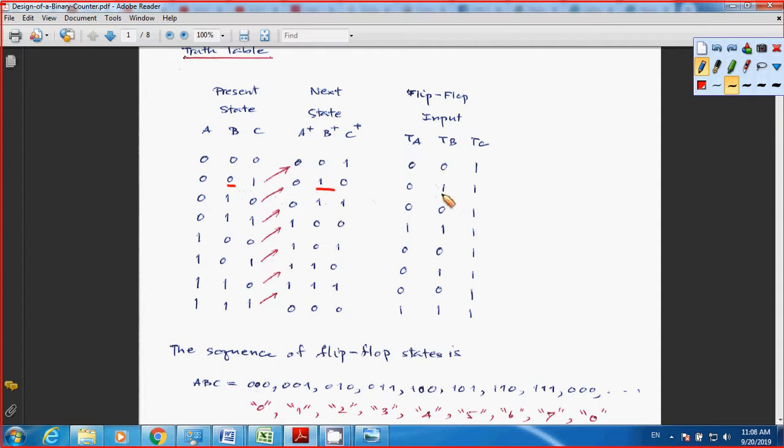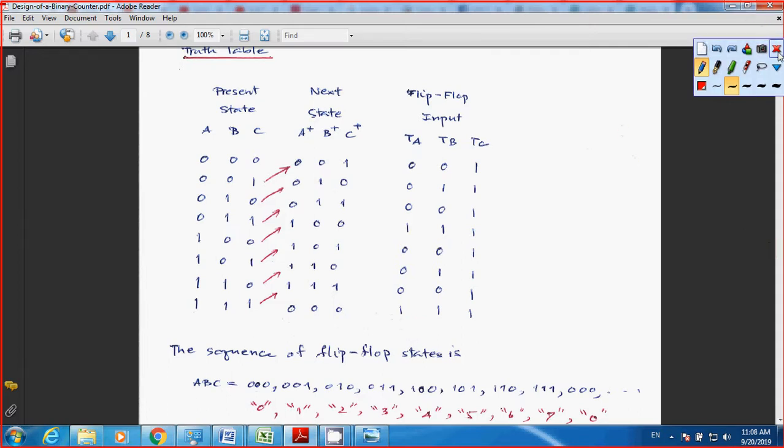So your TB has to be 1. Okay? So you probably get an idea of how to create the truth table for flip-flop input TA, TB, TC. For example, for A, for the last one, it changes state, right? From present state 1 to next state 0. So that's TA has to be 1.